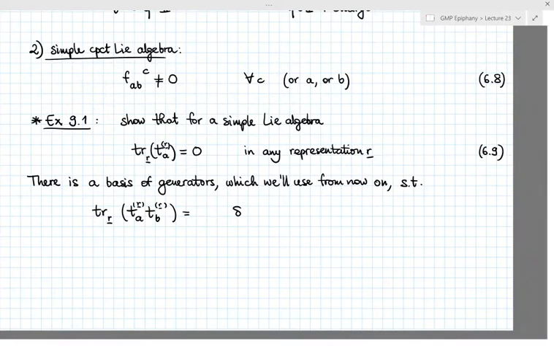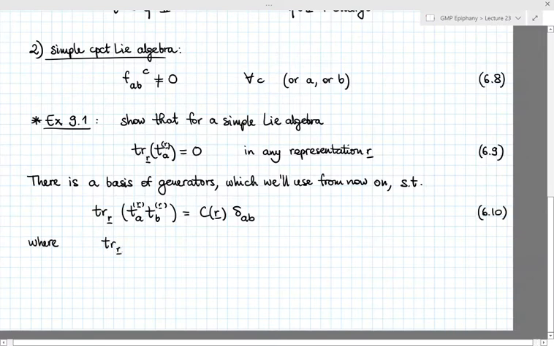And so by a change of basis, we can take it to be proportional to the identity matrix, delta^{AB}. And the proportionality factor, C(R), depends on the representation. So here, trace R is the trace in the representation R of dimension R. So the same was true in 6.9.